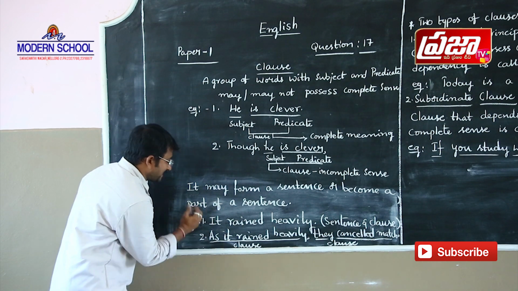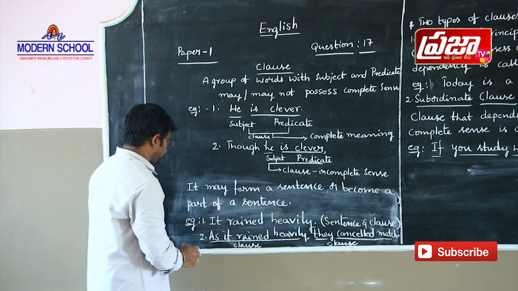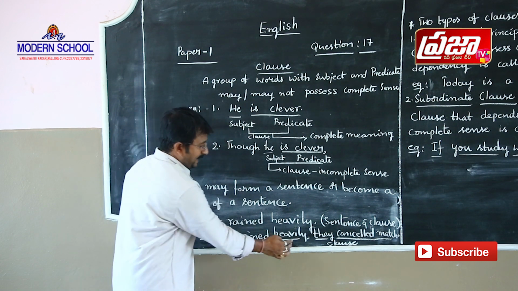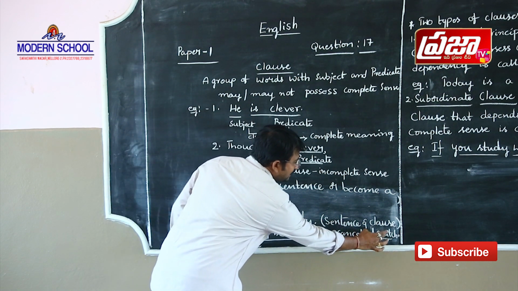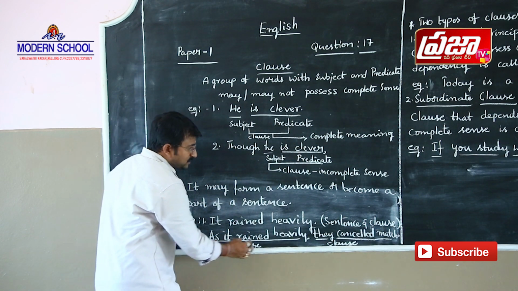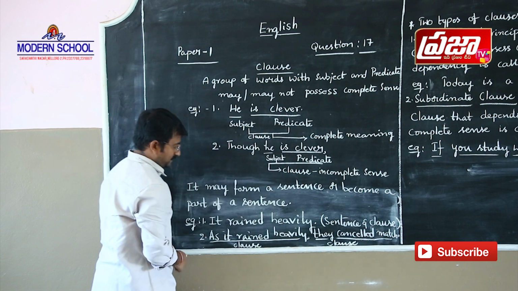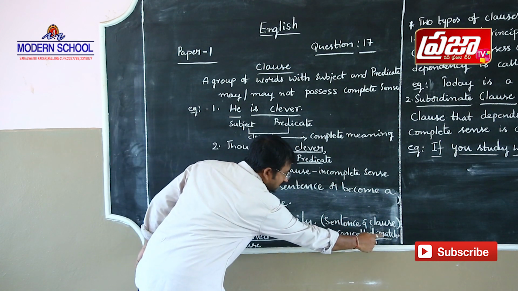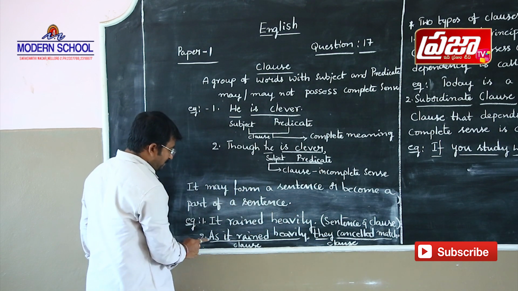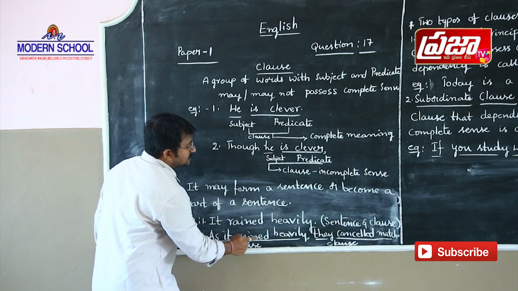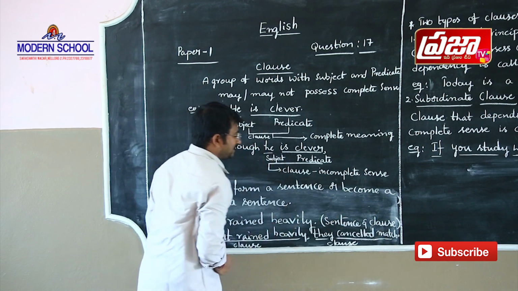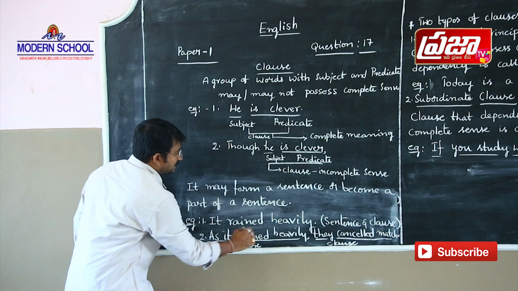And if you go to the next example, "As it rained heavily, they cancelled the match." From "as" to "match" is a sentence, and in this sentence there are two parts. One part is "as it rained heavily," and "they cancelled the match" is another part.